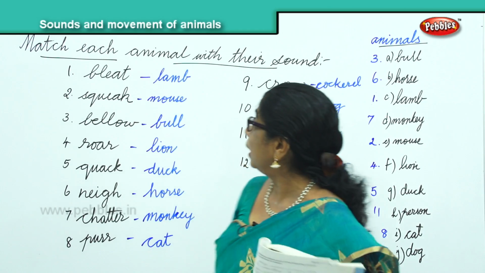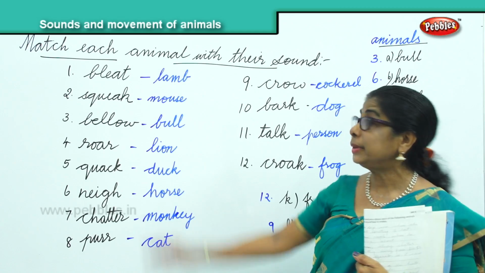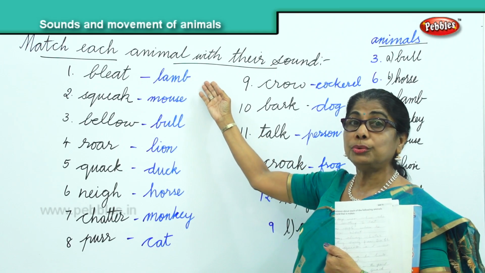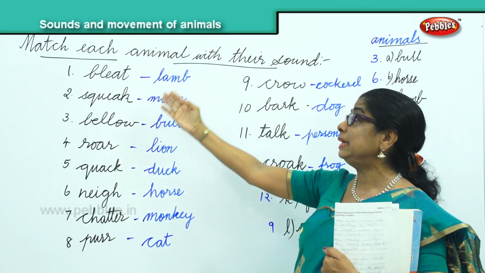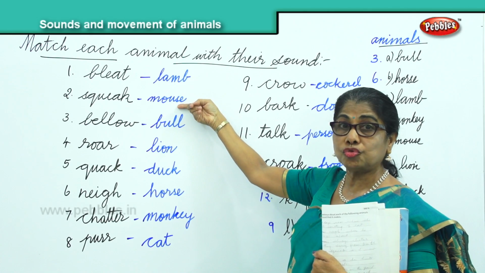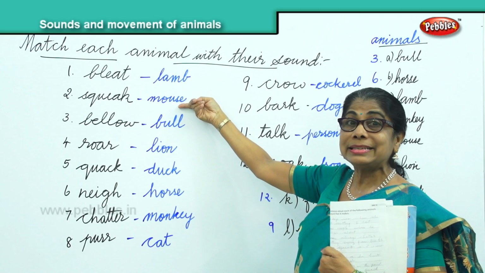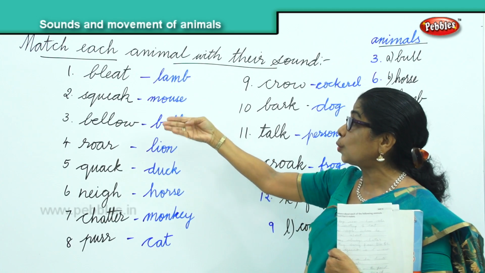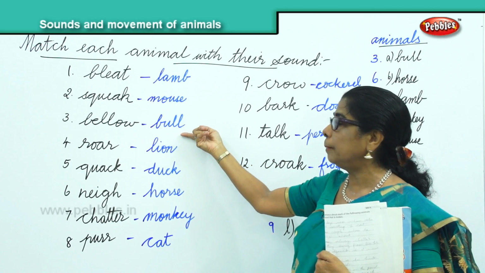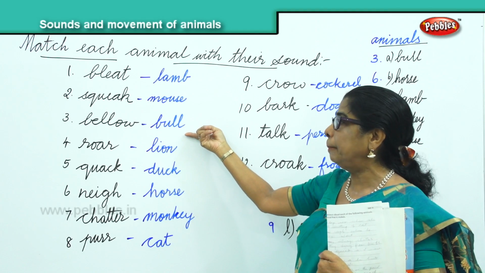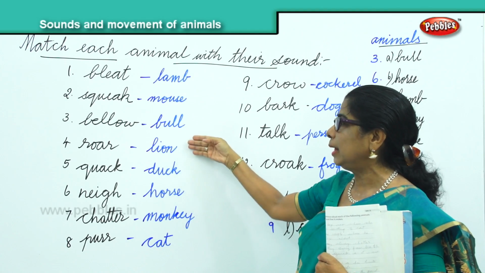What is it? A lamb is talking to its family. Lamb bleats. A mouse is telling of danger. He squeaks and tells his family about danger. A bull, you go near a bull, he bellows, makes a big noise.